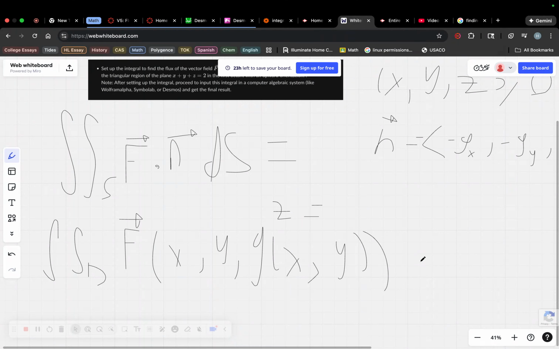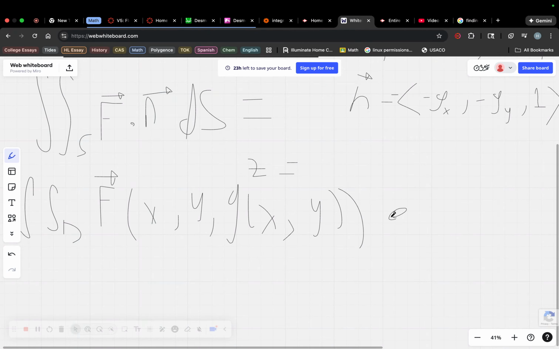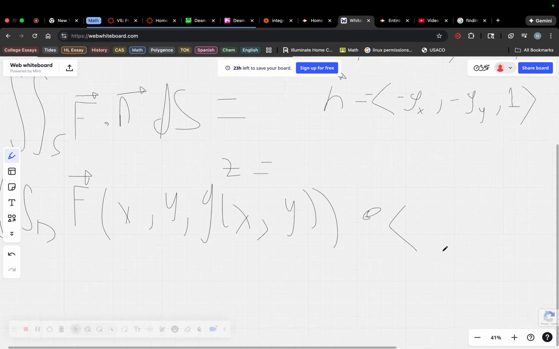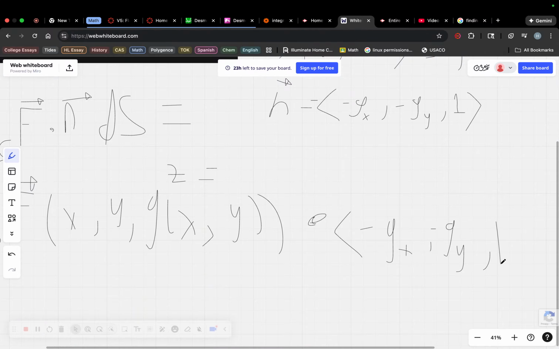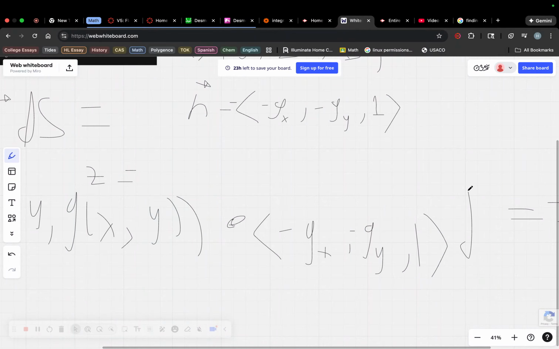That's the first part, and then we dot with our normal vector, which we can get by substitution from earlier: the x component, the y component, and then just 1, and then dA. All right.